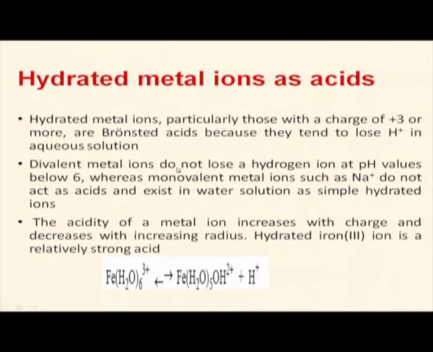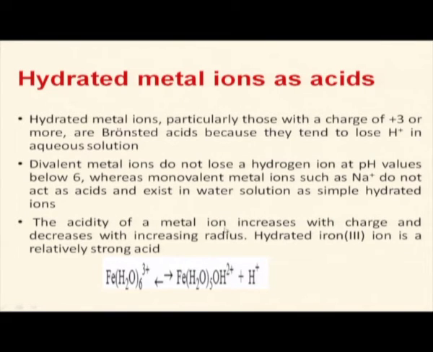That is, divalent metal ions do not lose a hydrogen atom at pH values usually below 6, whereas monovalent cations such as sodium ion do not act as acids and exist in water solution as simple hydrated ions. So, monovalent sodium, potassium, they never lose a proton, whereas divalent, under normal circumstances, it is not happening.